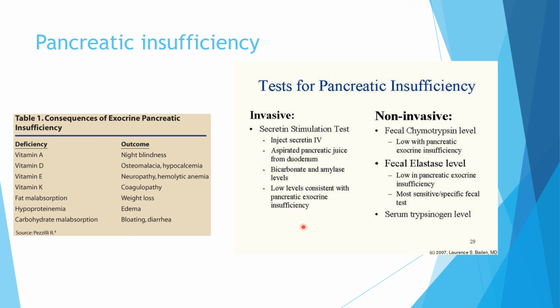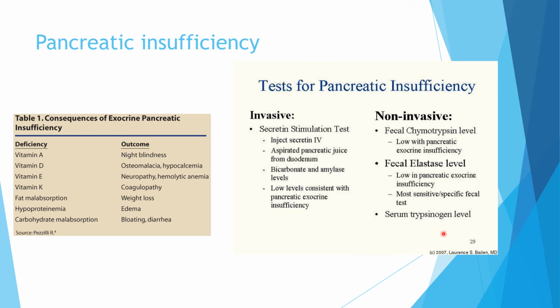The fecal chymotrypsin level, if you have a low chymotrypsin level, that's associated with pancreatic insufficiency, because that's a product of the pancreas. The elastase test we already talked about, if it would be low, you just test the fecal specimen for an elastase level. It's an enzyme produced by the pancreas.